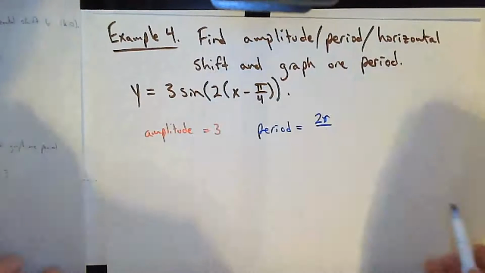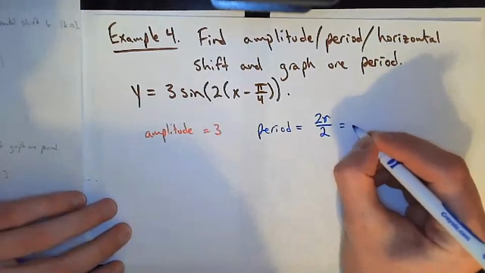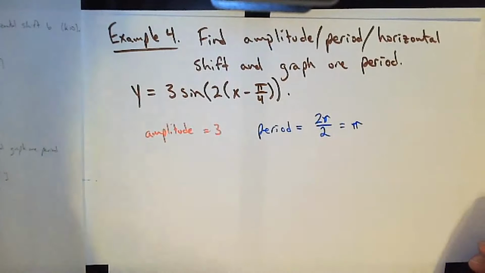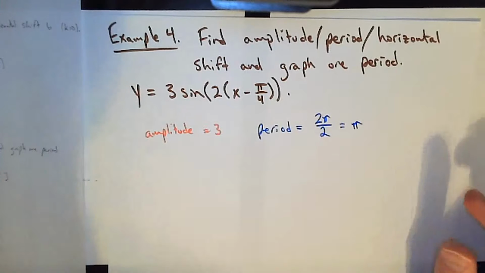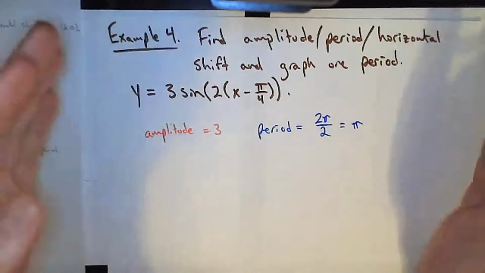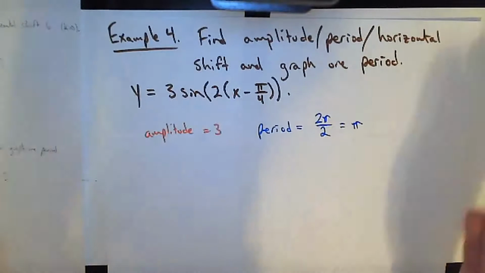Clearly, 2 is playing the role of k here, so my period is pi. That's the length of one cycle of this sine. So it's been squished in half. It doesn't take a whole 2 pi to cycle through this function now. It takes only pi because we've squished it.